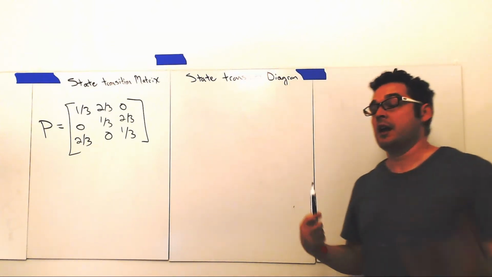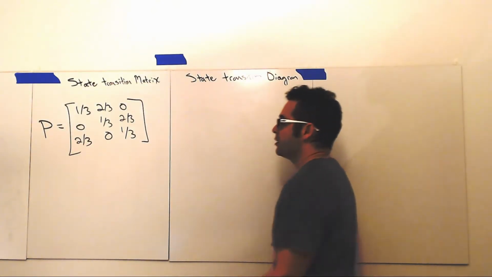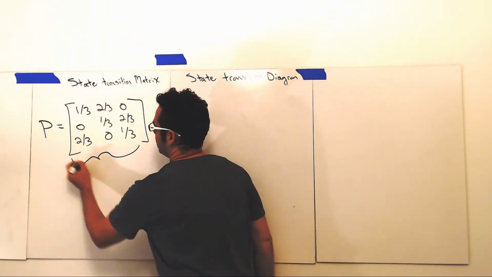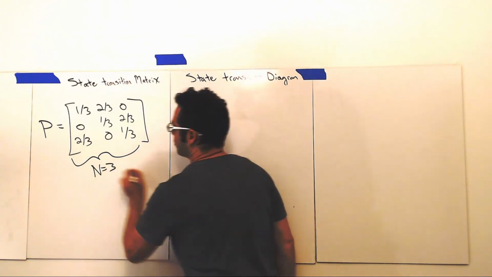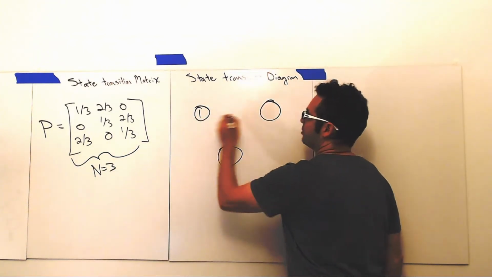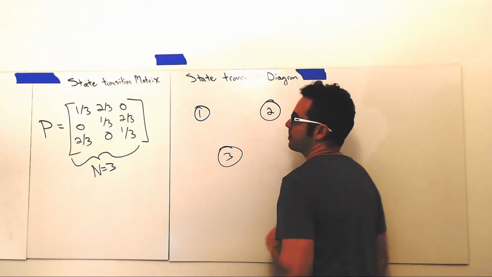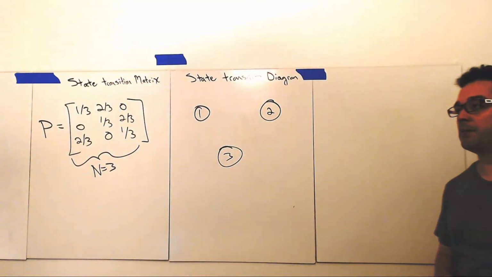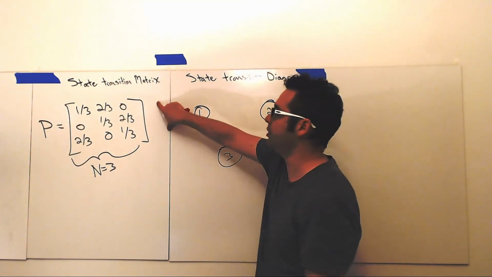And again, we're going to go through the same process. The first thing that we want to do is count how many nodes we have. In this case, we have 3 nodes. So we can draw 3 nodes, and we'll label them 1, 2, and 3. And we can start connecting them according to the probabilities we see in each row.